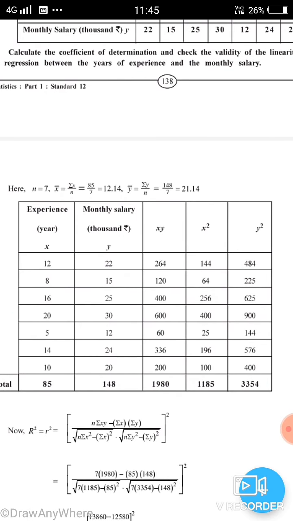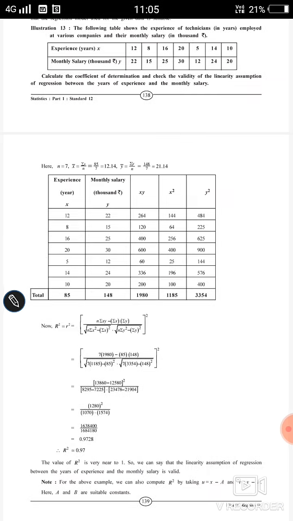See, X bar comes 12.14, Y bar comes 21.14. Both come in decimal values, so we go for the XY method, right? And here data are not very big, data are so small, so we go for the XY method.